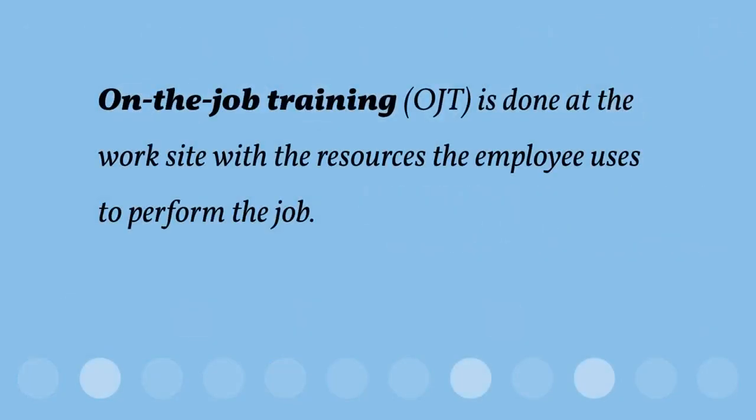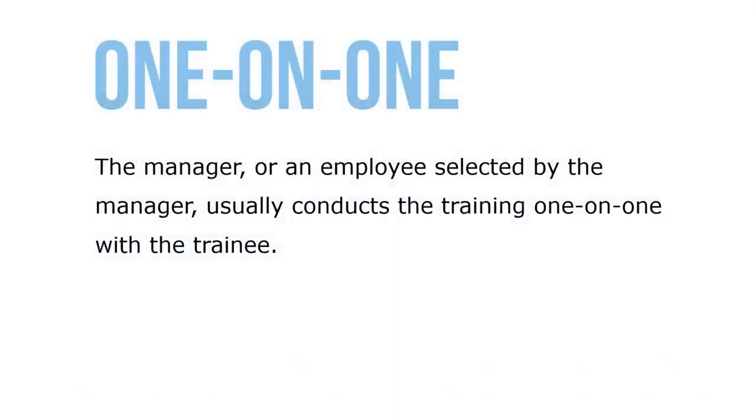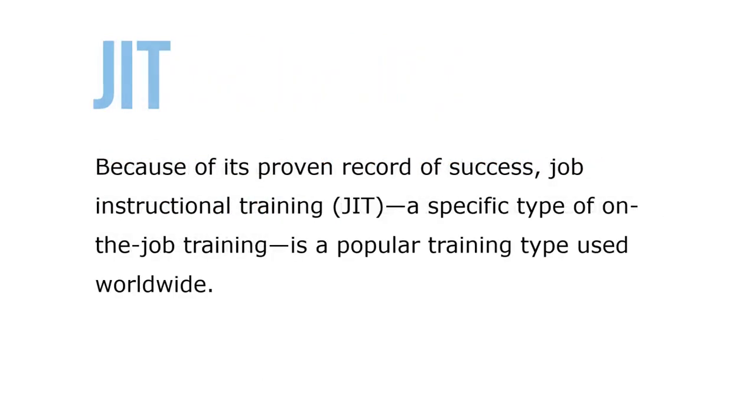On-the-job training, known as OJT, is done at the worksite with the resources the employee uses to perform the job. The manager, or an employee selected by the manager, usually conducts the training one-on-one with the trainee. Because of its proven record of success, Job Instructional Training, JIT, a specific type of on-the-job training, is a popular type of training used worldwide.